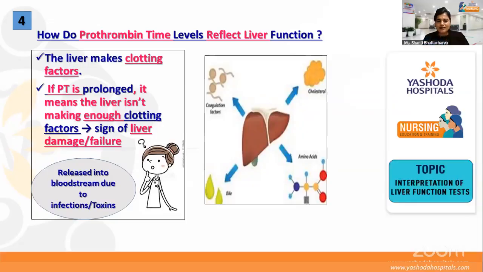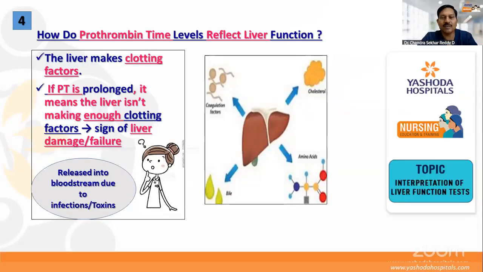Yes, because sometimes when we ask nurses what the normal PT level is, they say the PT normal range, but they skip mentioning the INR ratio as well. Rather than PT, it is better to look for INR, because INR is the standardized value.